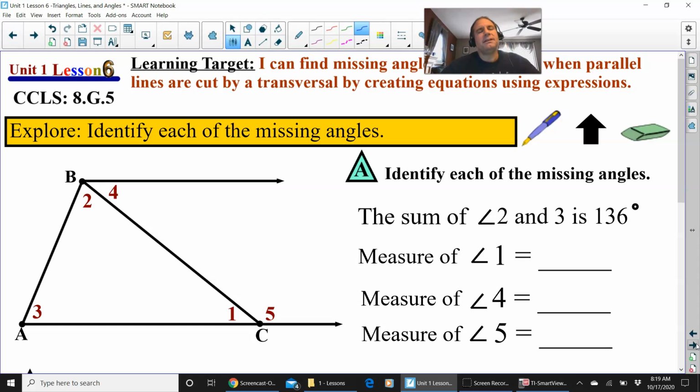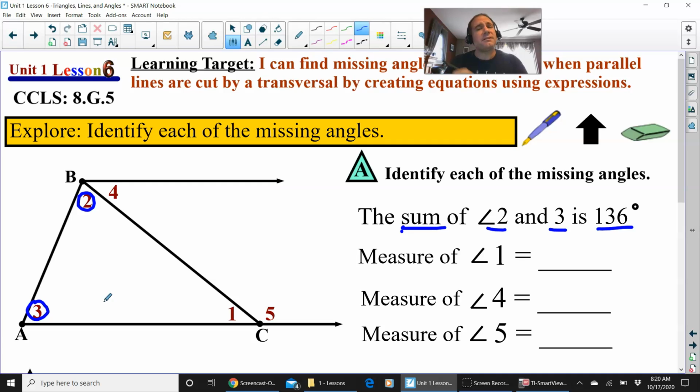So in this Explorer, it says identify each of the missing angles. And we're going to talk about, all right, this one is a tricky question. It says the sum of angle 2 and angle 3 is 136 degrees. So 2 and 3 are right here, and I'm going to circle them. And it doesn't say that each of them measure 136 degrees.